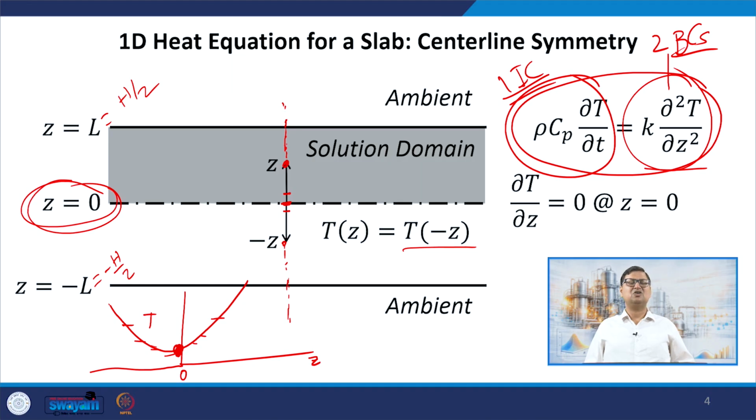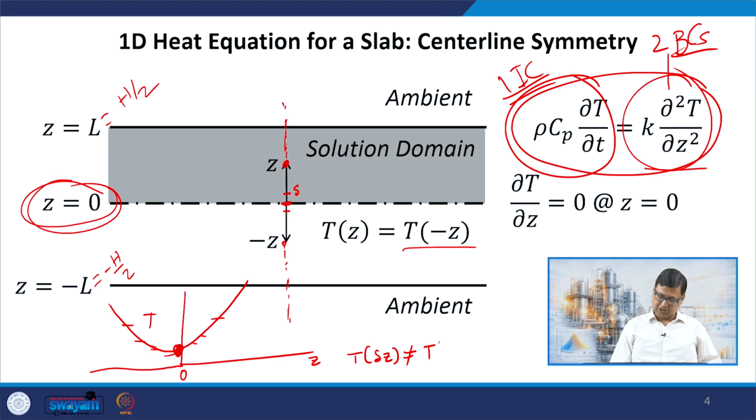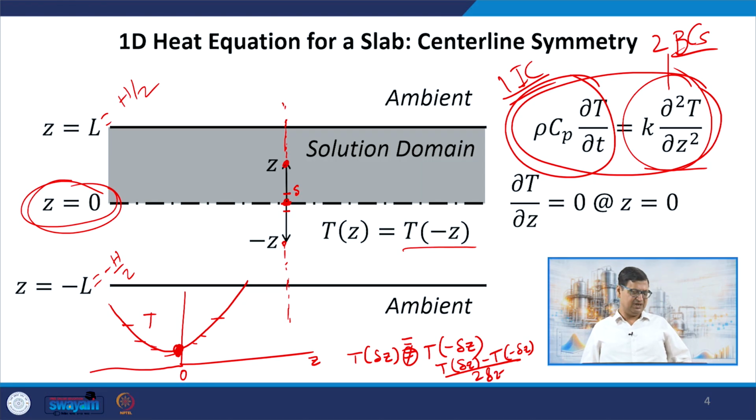If the gradient does not vanish, what does this mean? It means that my T at some delta z is not equal to T of minus delta z, right? Which is not true. Because if these two are equal, the gradient at z equal to 0, I can write as something like T(delta z) minus T(minus delta z) divided by 2 delta z, as an approximation, and that must be vanishing, right?